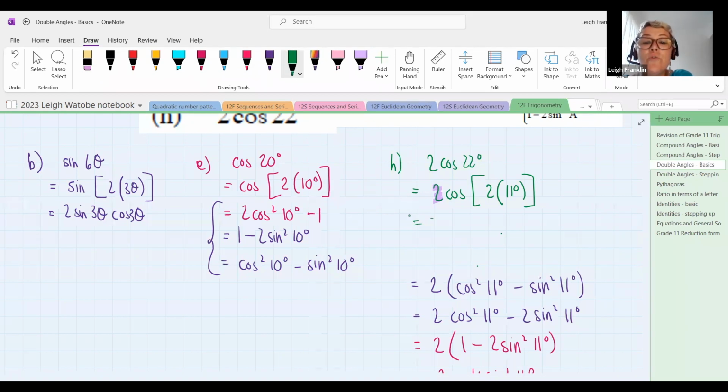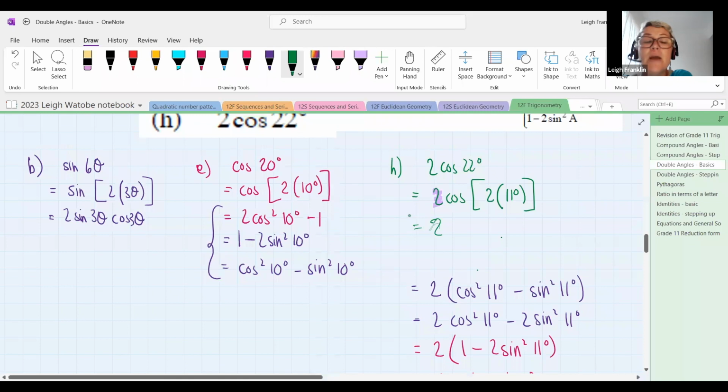So you put your 2 on the outside. Let me just rub that out because it looks a bit messy. We could leave our 2 on the outside, and then we know that cos 2 times 11 ends up being 2 cos squared 11 minus 1.